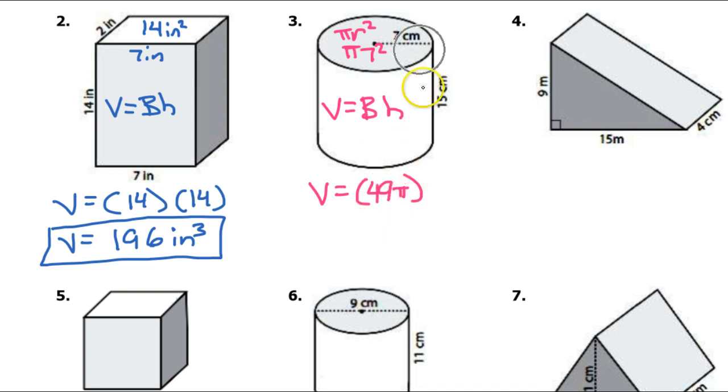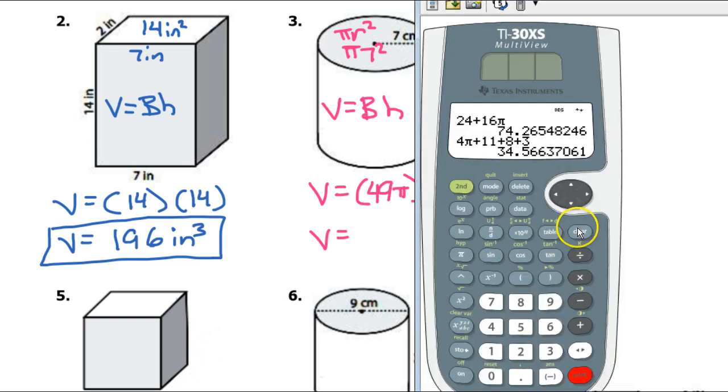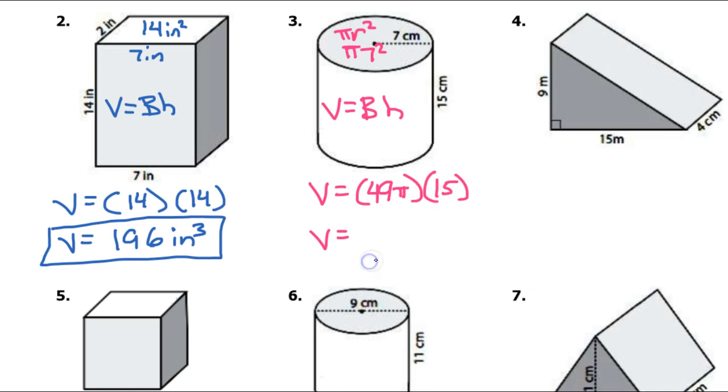And then times the height. Well, we see the height over here on the side is 15. So it's 49 pi times 15. Okay, so that means 49 pi times 15 is going to be 735 pi.